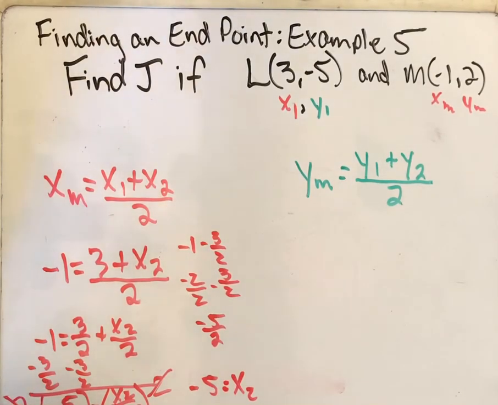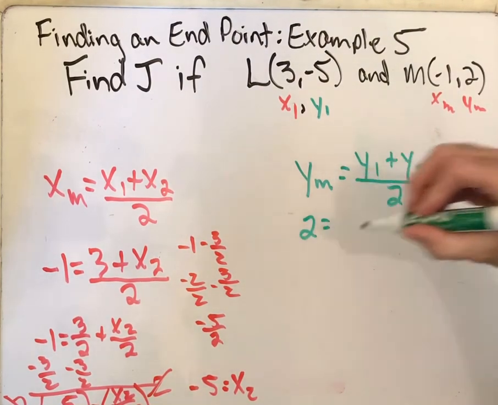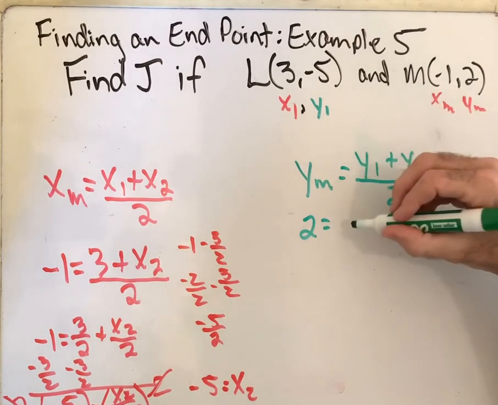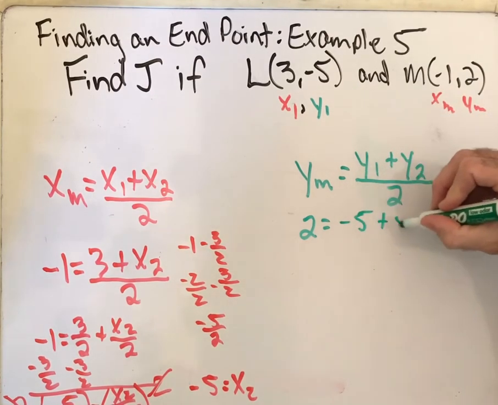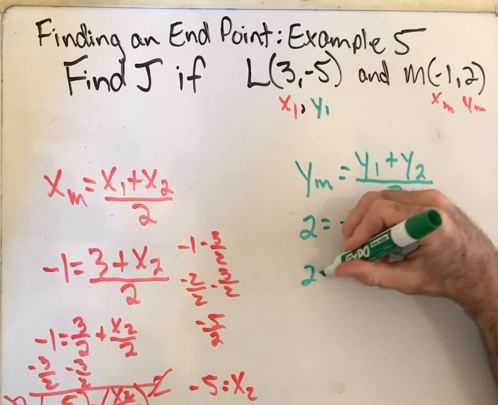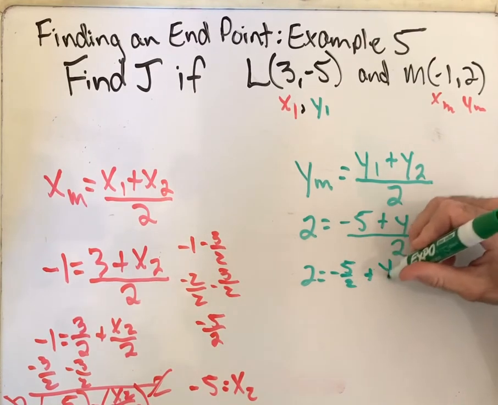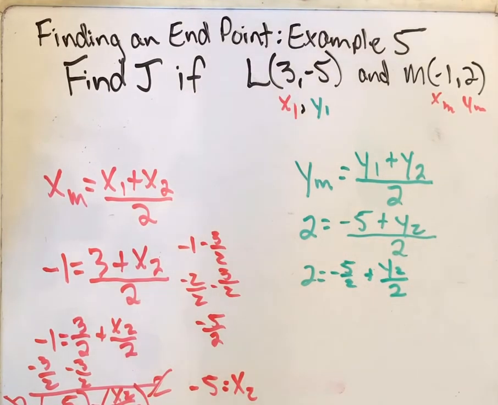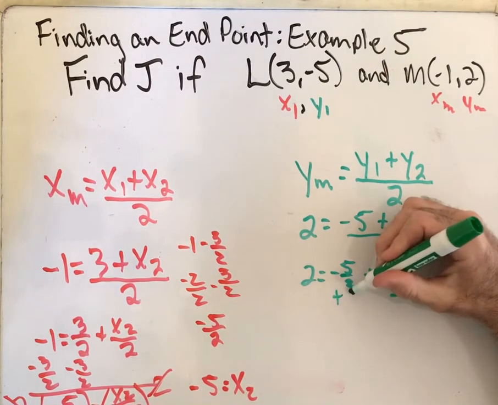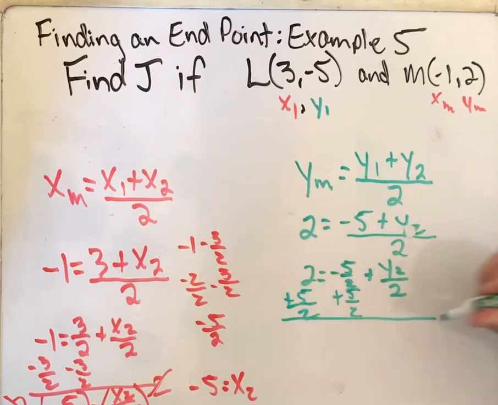Now I want to do the same thing with the y. y sub m is 2, which equals y sub 1, which is -5, plus y2, all over 2. We do the same thing we did over there: 2 equals -5 over 2 plus y2 over 2. We add 5/2 to both sides, and those cancel out.